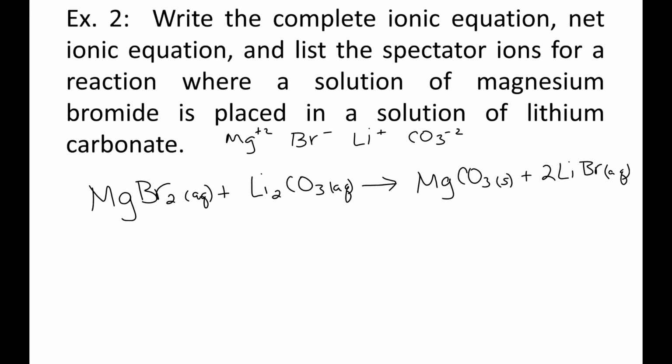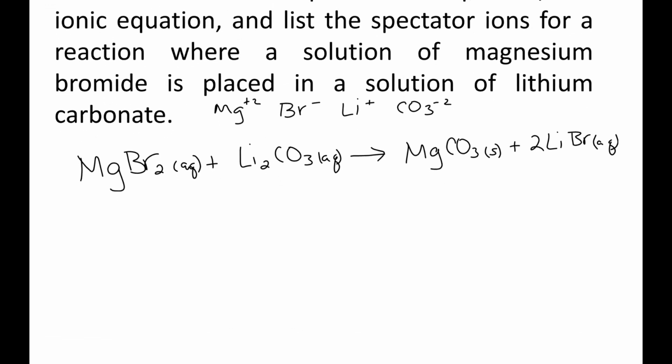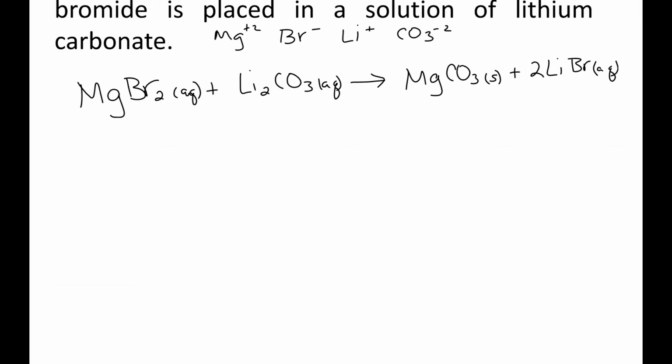So at this point now we're going to write our complete ionic equation. So I'm going to move this up a little bit here. Okay, complete ionic equation. So I'm going to write CIE. Okay, so I have my ions listed above, so it's going to make it easier for me to write my complete ionic equation because I know what the ions are already.